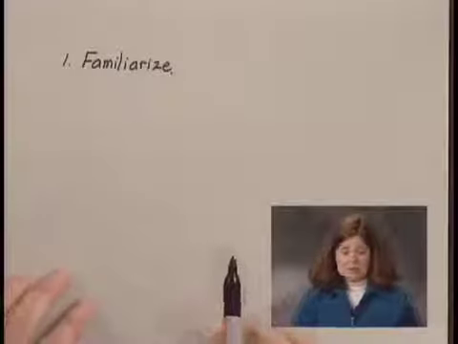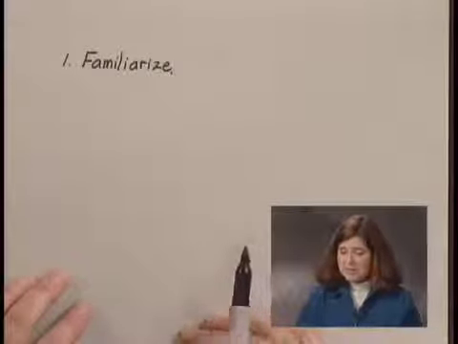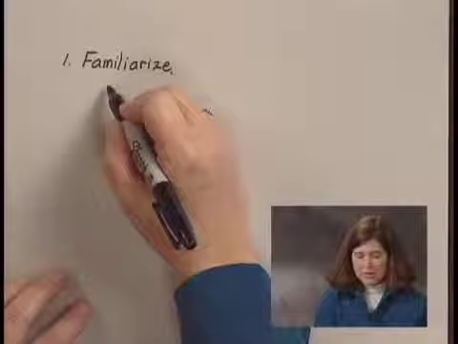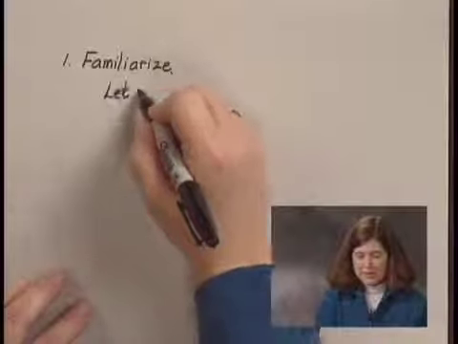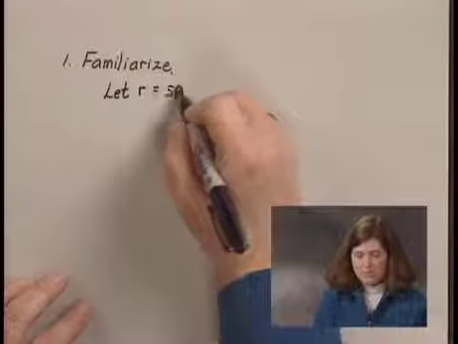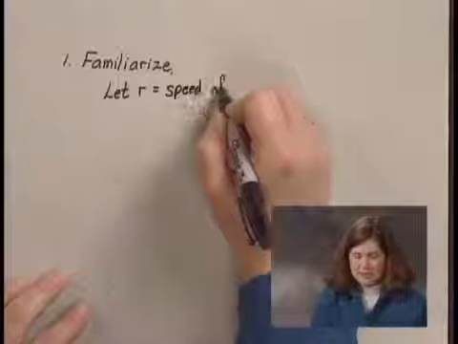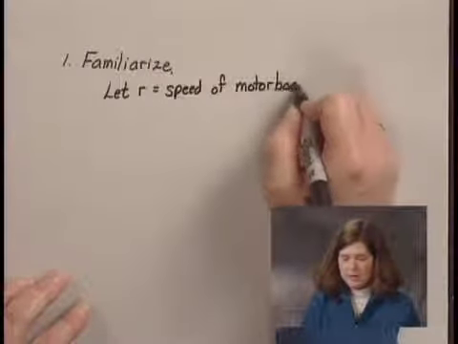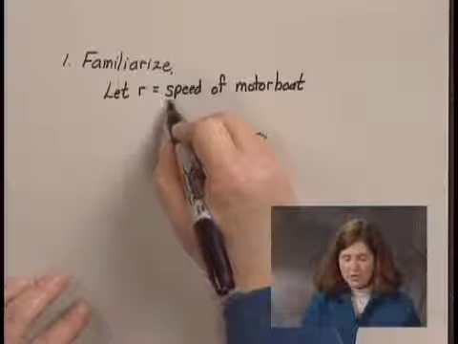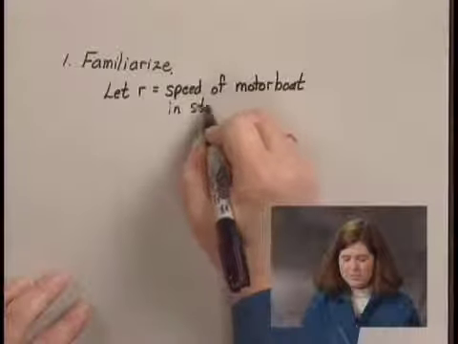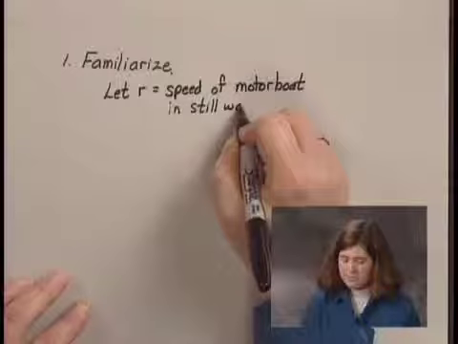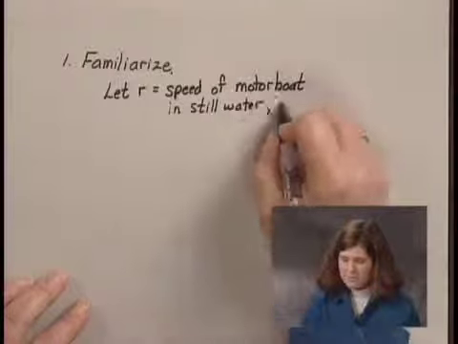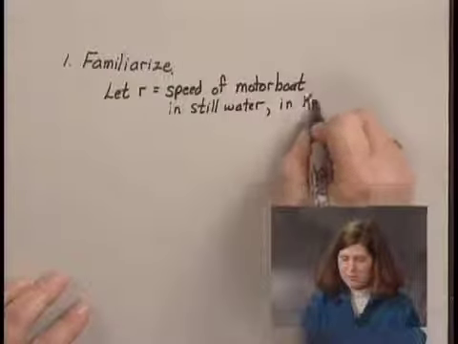When we familiarize ourselves with the situation, we'll want to define some variables. Since we're looking for the speed of the motorboat in still water, we'll let R equal that speed. I'll make it clear that this is the speed of the motorboat without current, or in still water, in km/h.